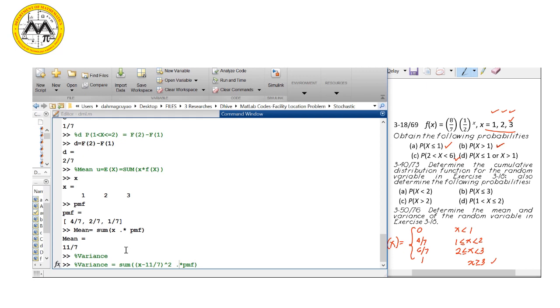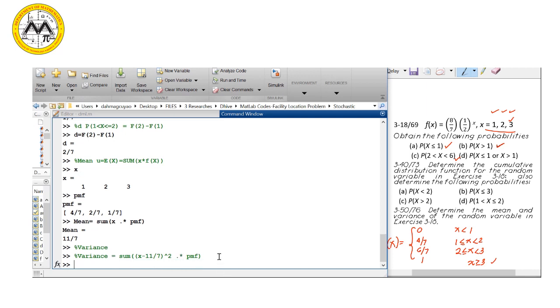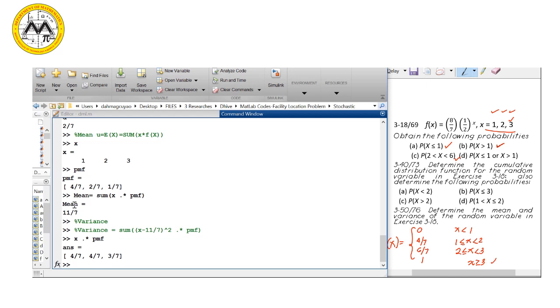The dot asterisk here refers to the element-wise multiplication. So we multiply 1 by 4 over 7, 2 times 2 over 7, and 3 times 1 over 7. Just to show you that it is really x dot asterisk PMF, this is what we have been solving: 4 over 7, 4 over 7, and 3 over 7.